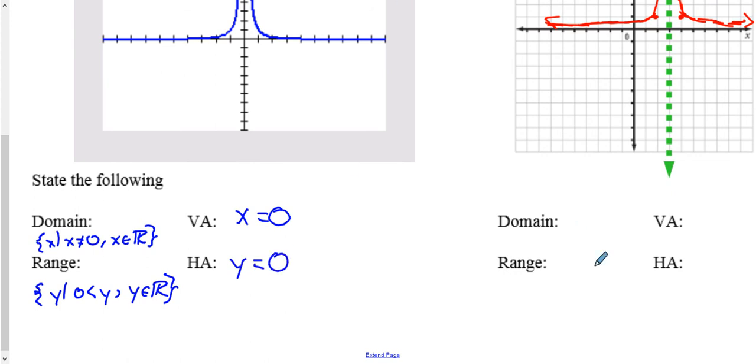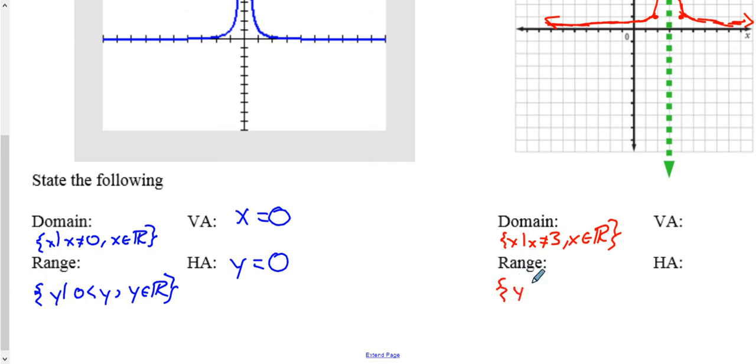On my new graph, my domain here, going left to right, the only number that we're skipping is positive 3. So I'm going to rewrite this as x such that x cannot equal positive 3, but x is an element of the reals. And my range, same range, we're going to be greater than 0.